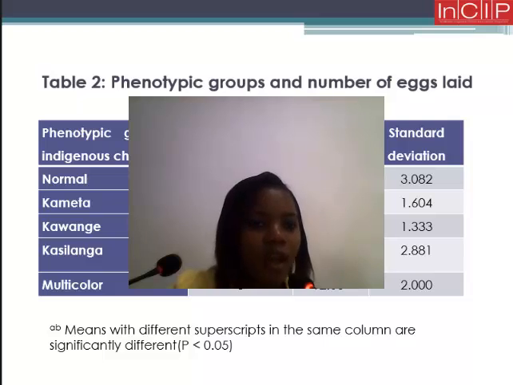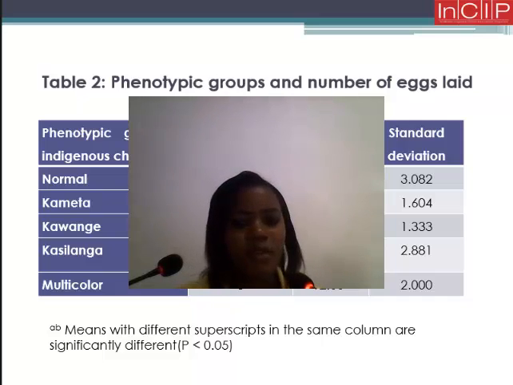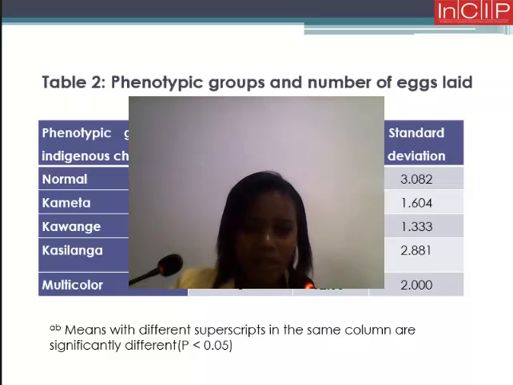As we can see, Kamatikala, which gave a mean number of 12 eggs per clutch, was significantly different from Kameta and Kawanke. In other words, the means with different superscripts in that table are significantly different, as the p-value is less than 0.05.